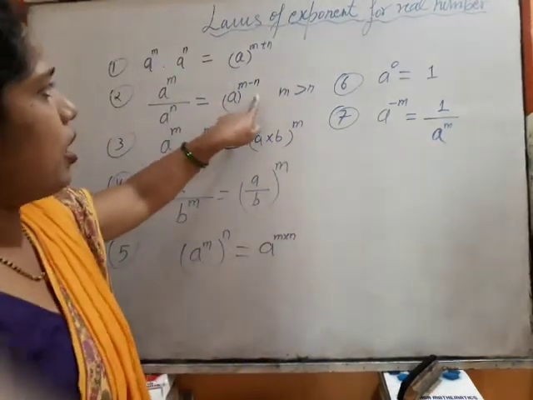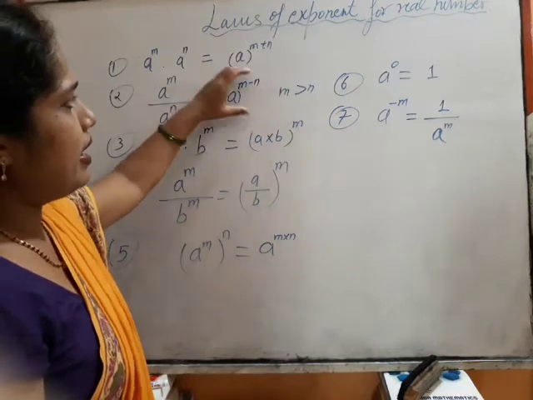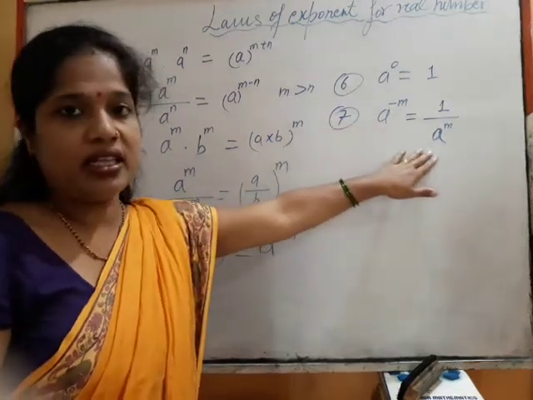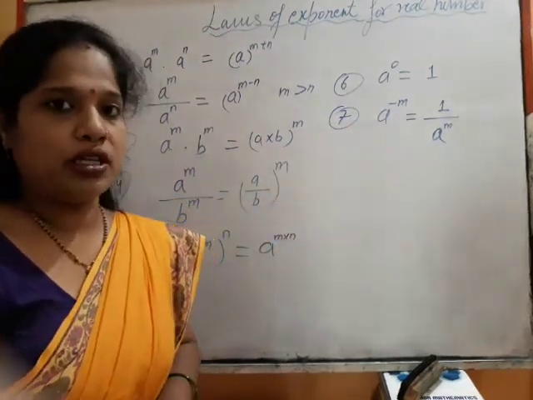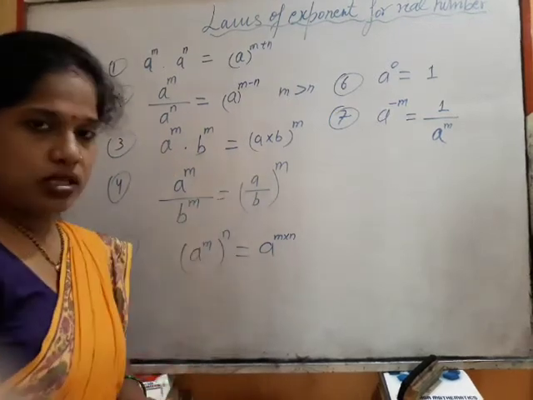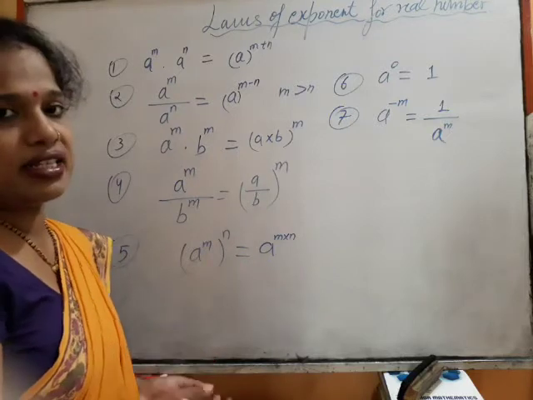Students, I was talking about this here. When m will be less than n, then its value will be negative. So we have to write its reciprocal like this to make the exponent positive. Dear students, these are the laws which we are going to follow in our exercise, the last exercise of this chapter.